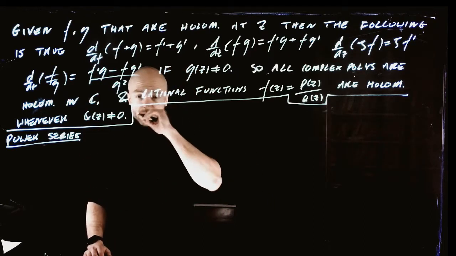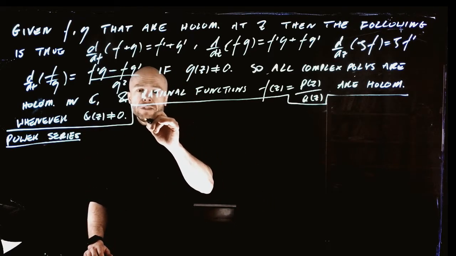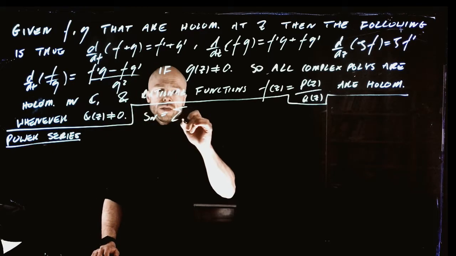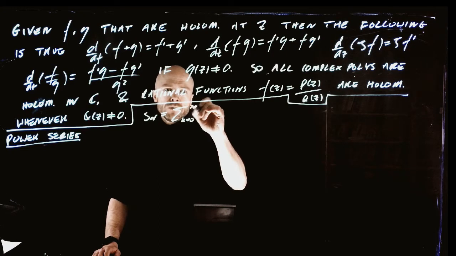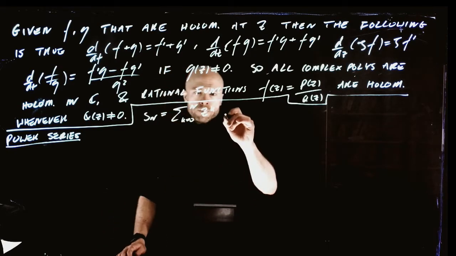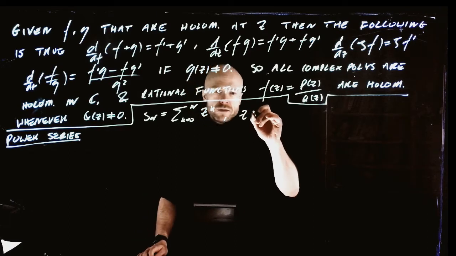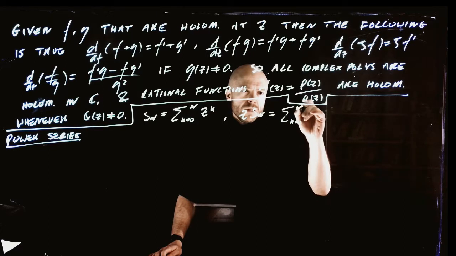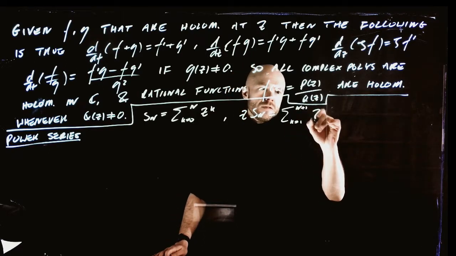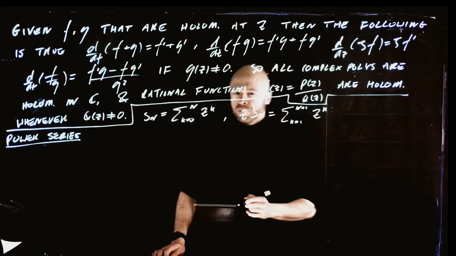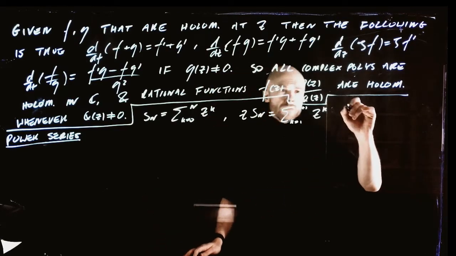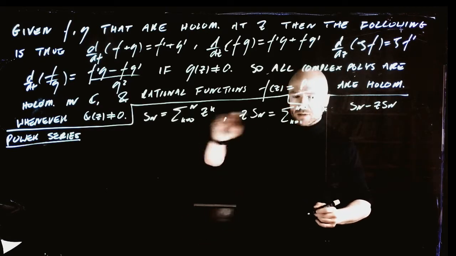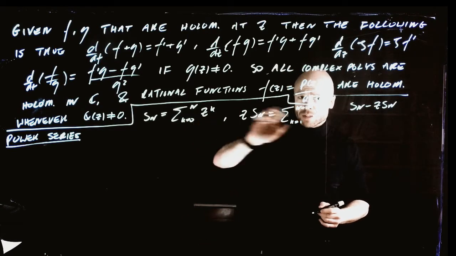So for example, if we consider something like this, let's define the partial sum like this, the sum from k equals 0 up to n of z to the k. Then if we take z times Sn, then what do we have? That's the sum from k equals 1 to n plus 1 of z to the k, right? So if we go and ask ourselves what this is, then we have this massive cancellation when we take this and subtract this, right?